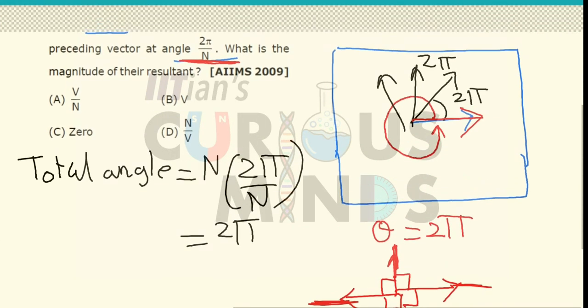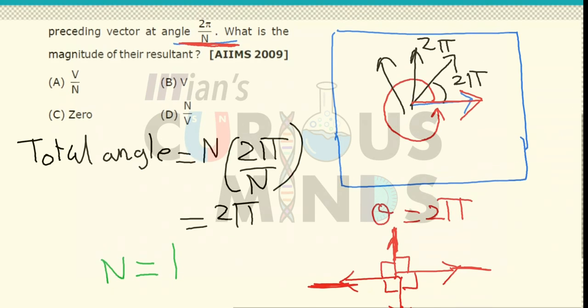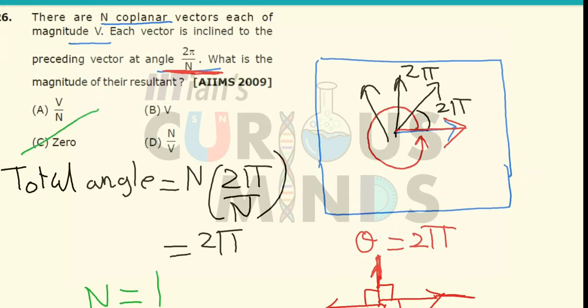Unless the value of n is equal to 1, the resultant will be equal to 0 for any other value, because for n equal to 1 there is only one vector in the right hand side direction. In that case the value of the resultant will be equal to v.